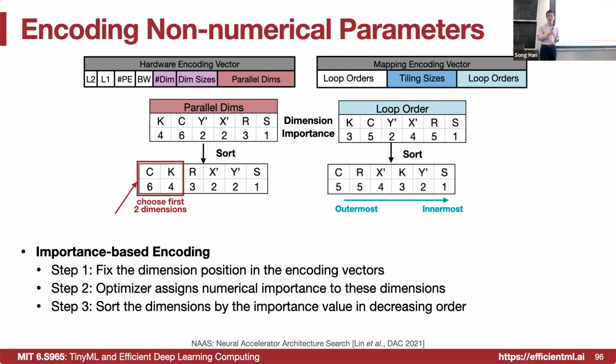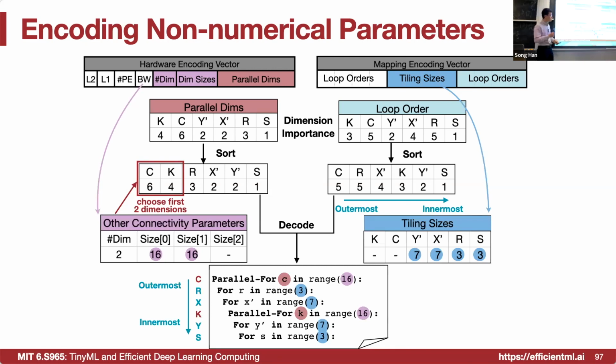It will be swapped a lot. So finally, we can make the decision like this. Look at the color. For example, here we choose the first two dimensions, which are C and K, to parallelize, indicating that they are parallelized in space. The remaining ones are serialized in time. Those are for the red color.